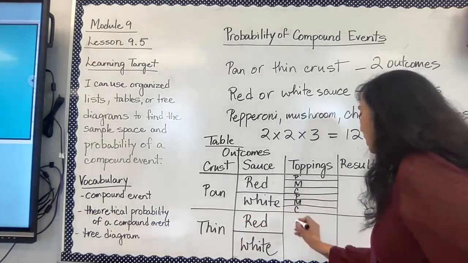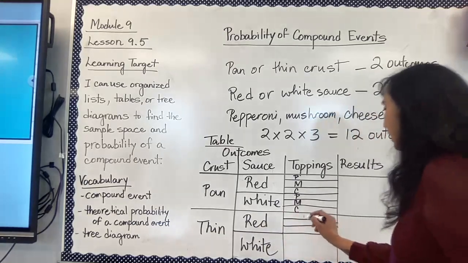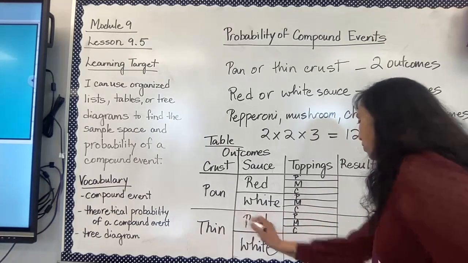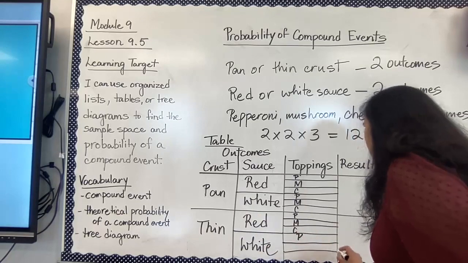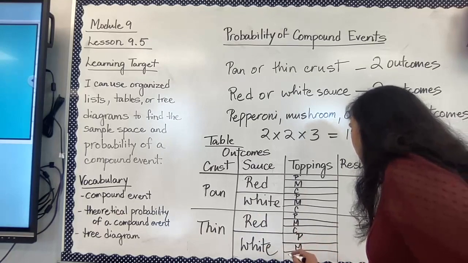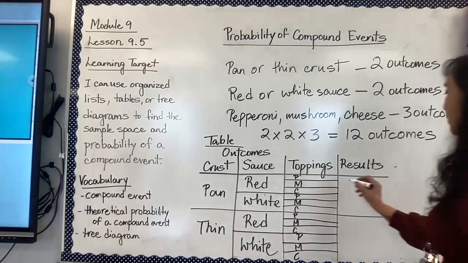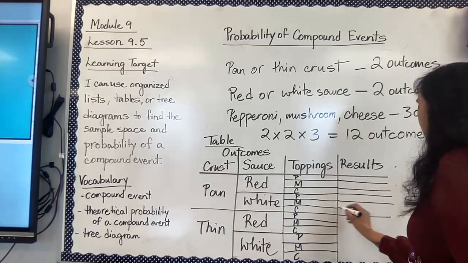Or I can do thin with the red, and I can have pepperoni, mushroom, or cheese. I can do thin with the white sauce with pepperoni, mushroom, or cheese. And so when I look at my different options, here are all the options that I can have.